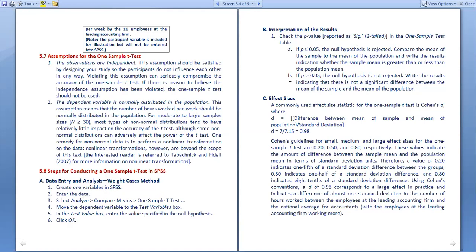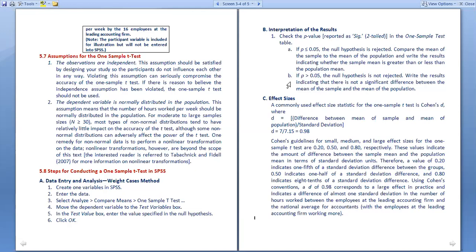And for interpretation of the result, we've already talked that if significance is less than or equal to 0.05, then the null hypothesis is rejected. So if the value is 0.05, 0.048, 0.032, 0.016, 0.001, or even 0.000, we will not be accepting the null hypothesis. In that case, the alternate hypothesis will be accepted.